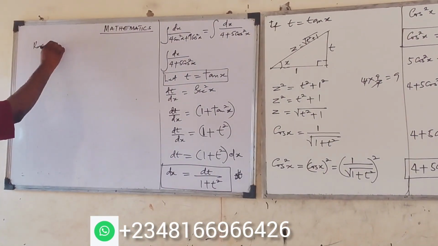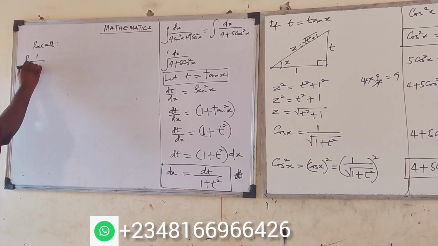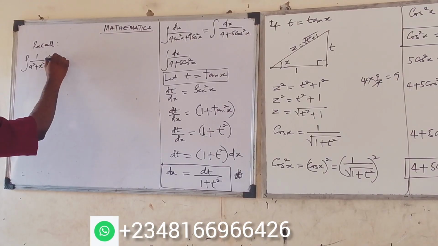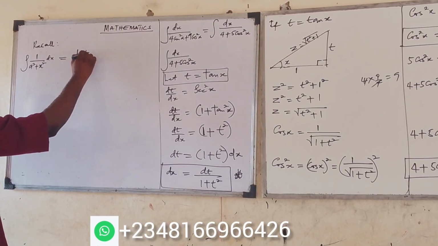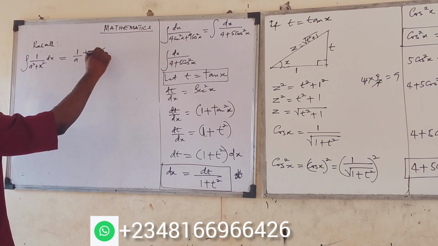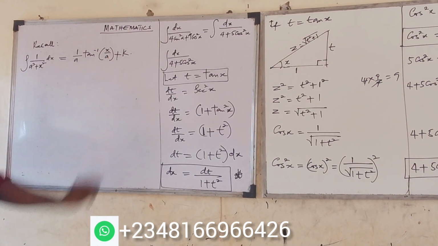Remember we said the integral of 1 all over a squared plus x squared, dx, is equal to 1 all over a tan inverse of x all over a plus constant, plus c.